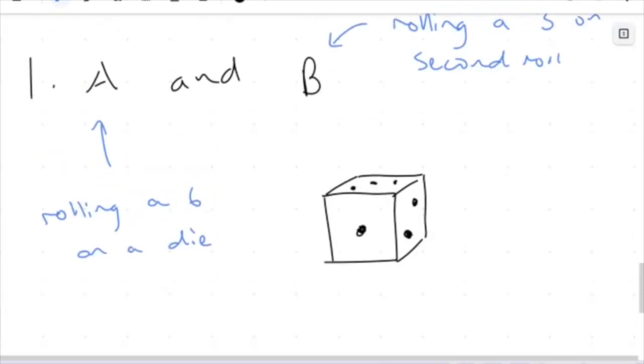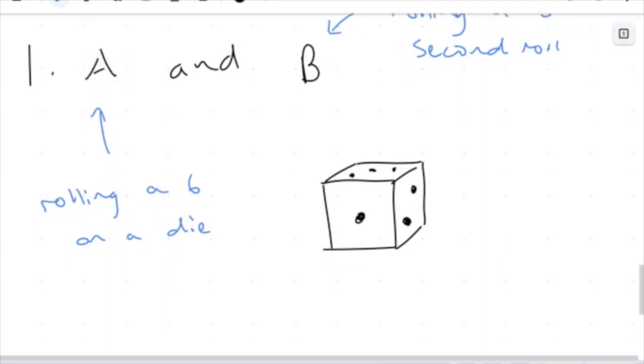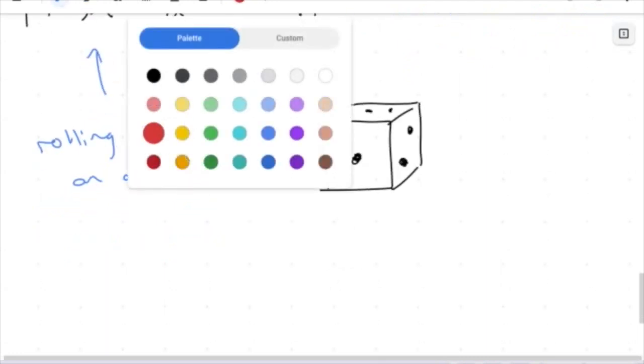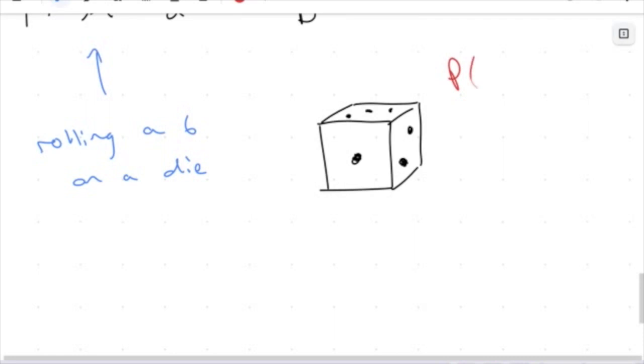There's no impact that event A has on event B, because the probability of event A, the probability of rolling a 6, is going to be 1 out of the 6 here. But if I were to roll this again to get a 3, it's not like the 6 disappears, it's still an option.